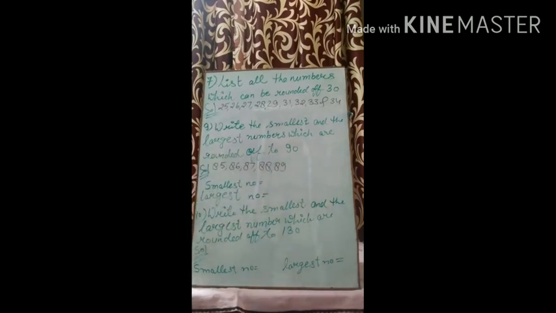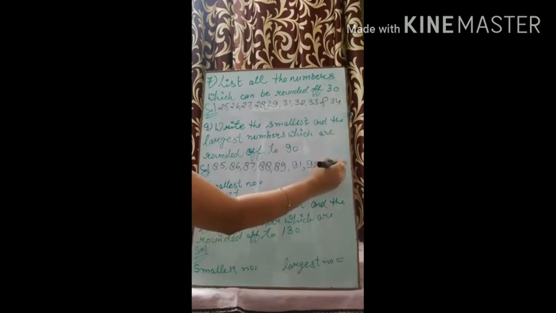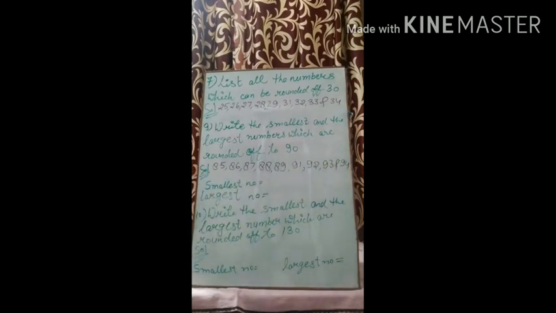These numbers are rounded up to 90. 91, 92, 93 and 94. All these numbers are rounded down to 90. Among these numbers, we have to find out the smallest number and the largest number. The smallest number is 85. Write it here. And the largest number is 94. Write it here.